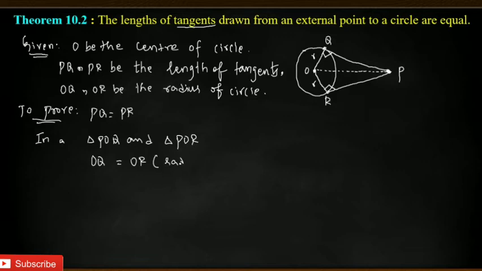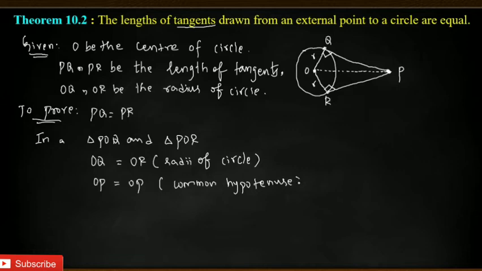Next, listen: OP is equal to OP. This is the common hypotenuse. Why am I saying hypotenuse? Because it is the side opposite the 90 degree angle.